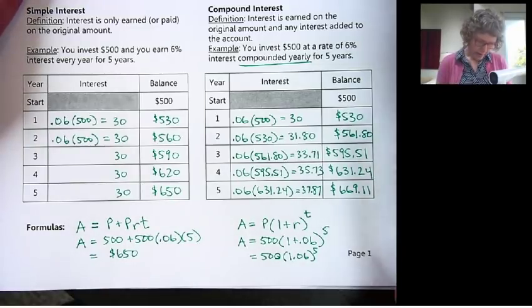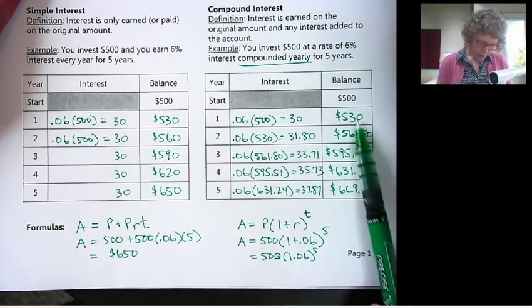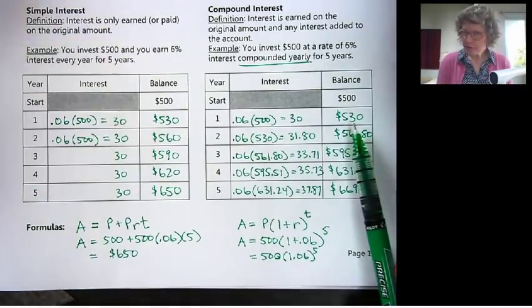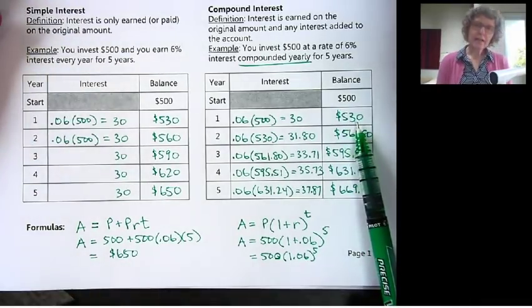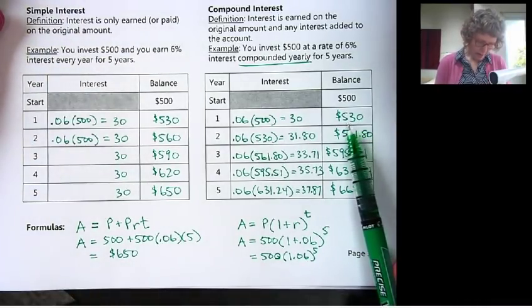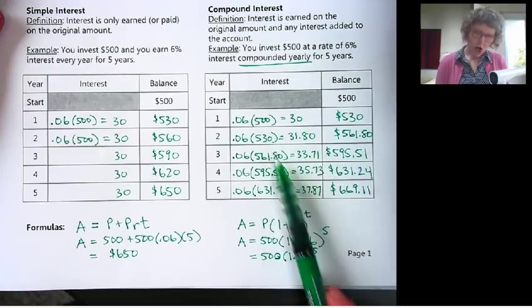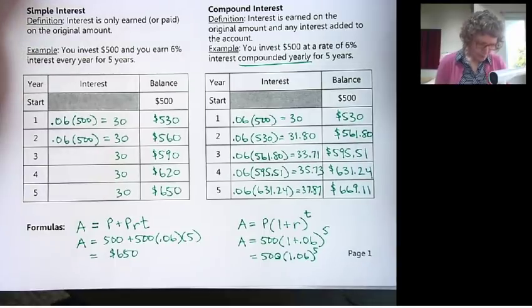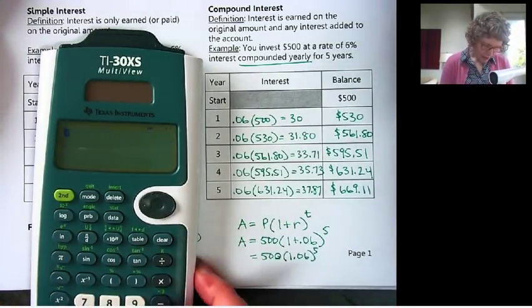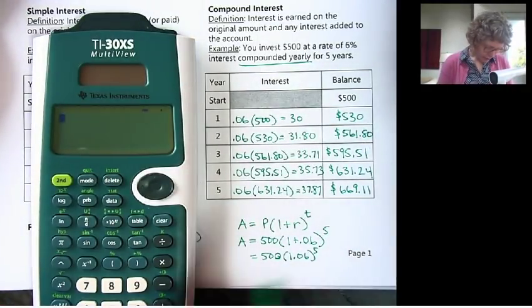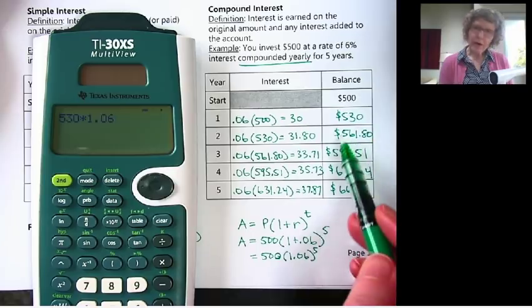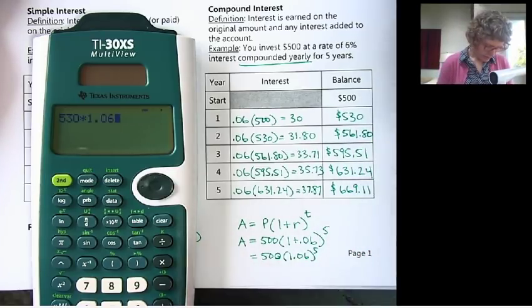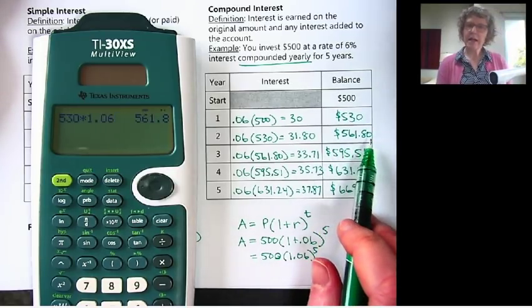We're taking this and we're multiplying it. We're getting the same 100% that we had, but we're getting an additional 6% on that number. So this is the long way of doing it, and you might have been saying, I know there's a faster way. Let's do an experiment over here. If I take the 530, multiply by 1.06, that is a shortcut way to get this answer, 561.80.